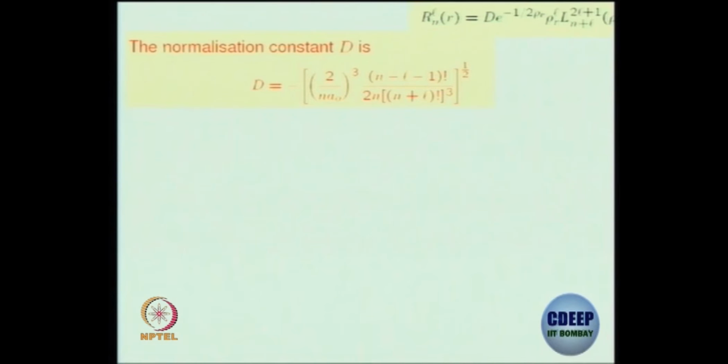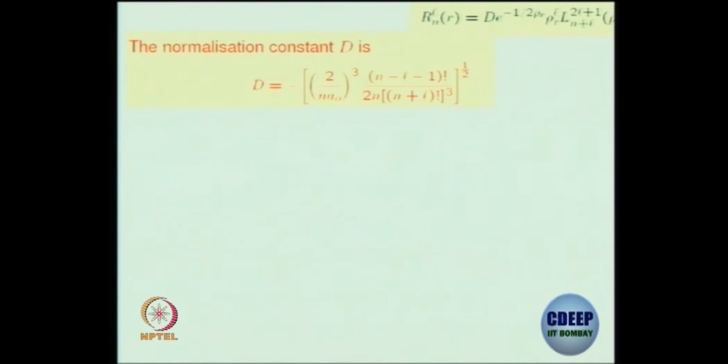Positive solutions are allowed or no? Positive energy? Not for the bound state, but you can have scattering states. You can sit and play around for a specific n and a specific L and see whether you get the normalization. Here the normalization will be integral over dr, r squared should also be there.